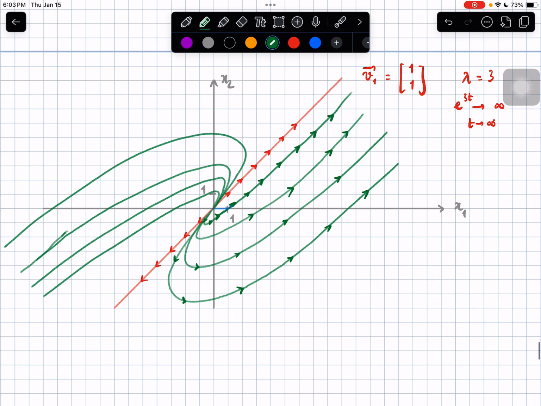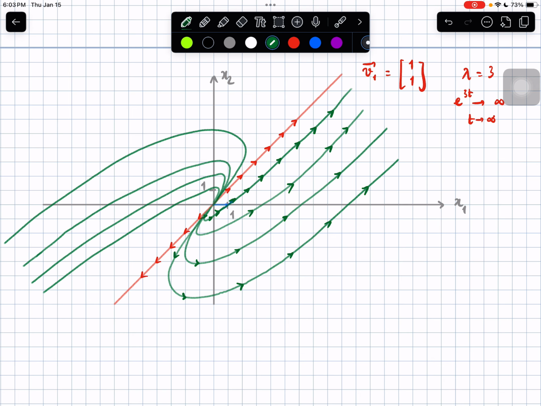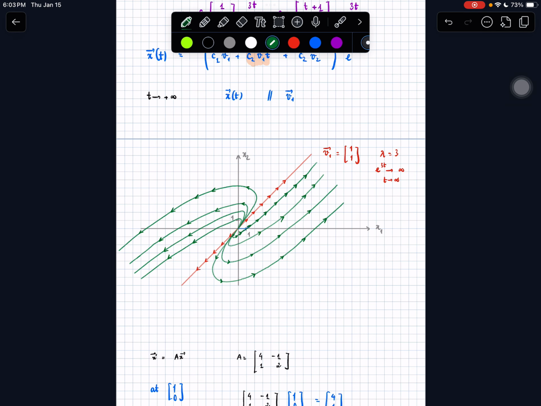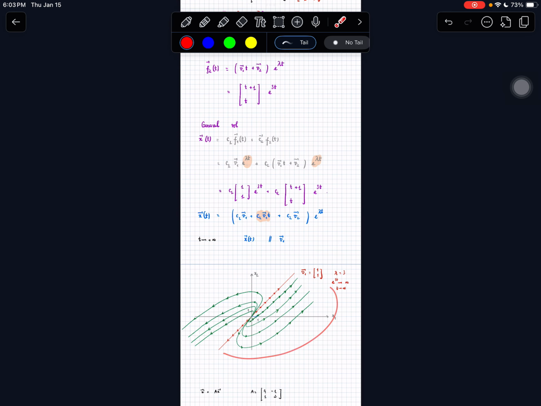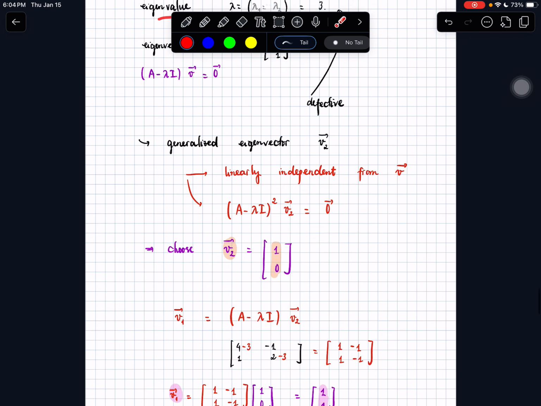Yeah, so these are a few of them. So these are a few trajectories of the general solution when we have the case where we have repeated eigenvalues.